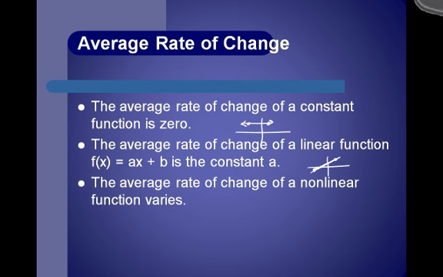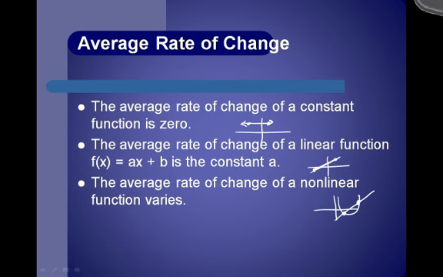It's when we start doing nonlinear that the average rate of change varies a little bit. For instance, if we had a graph that looked like this, the average rate of change from this point to this point is the slope of the line that passes from this point to this point.